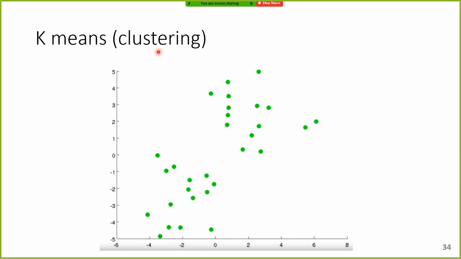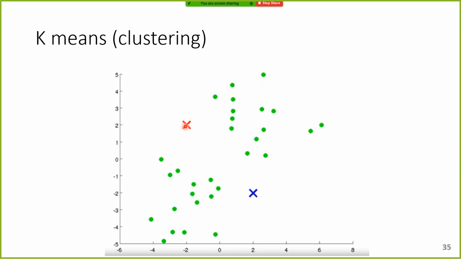What we do is we start with, suppose in this case, two centroids. We randomly place them anywhere in the feature space, and then we choose each of these points one by one. Suppose we have chosen this point, and we measure the Euclidean distance of this point from these centroids, and then we compare these two distances.